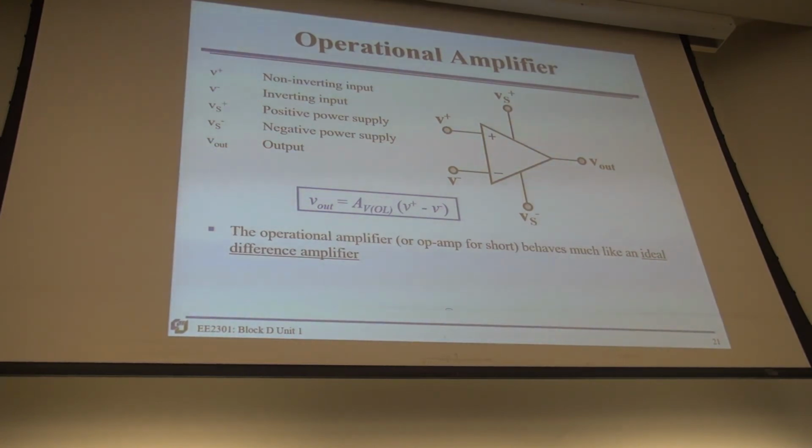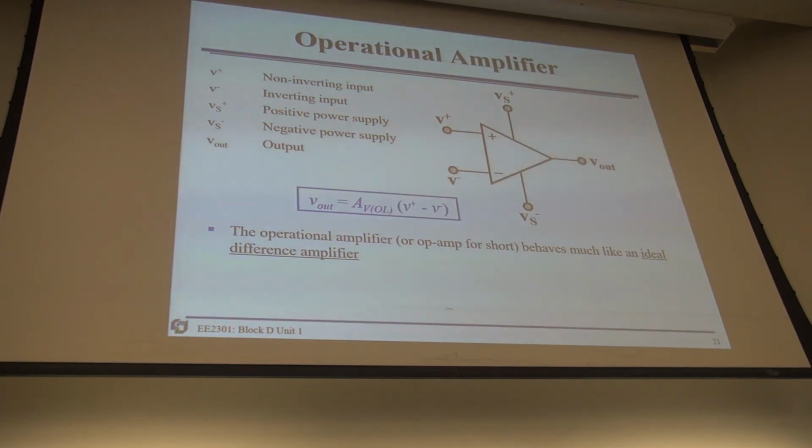But the question is, if this difference is 1, am I going to get 10 to the power of 6? Will I get somebody shocked? No, it's not. Because they cannot be higher than the supply voltage. So it will be clamped, saturated in there.